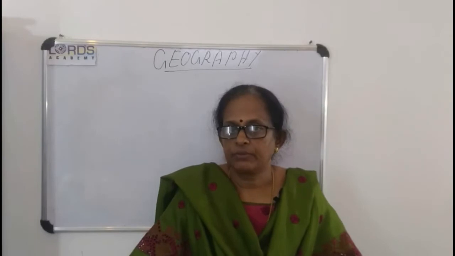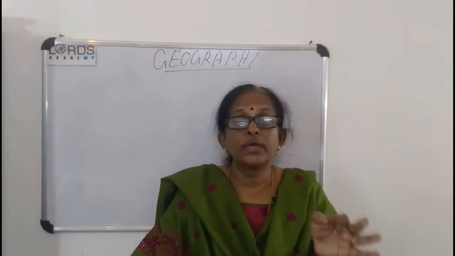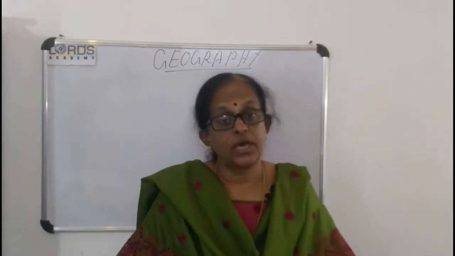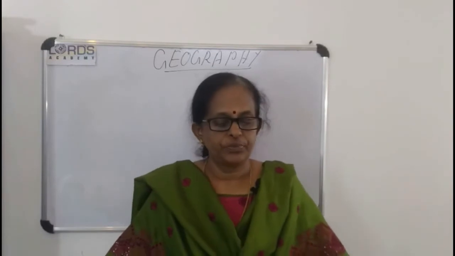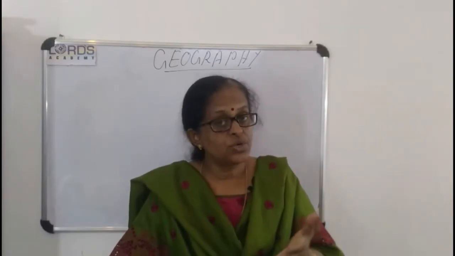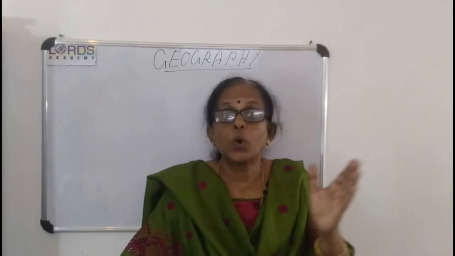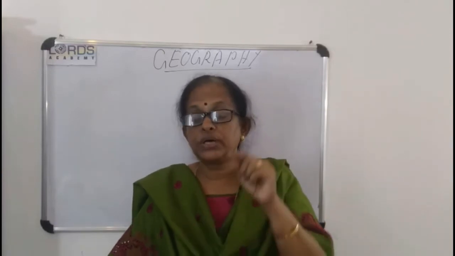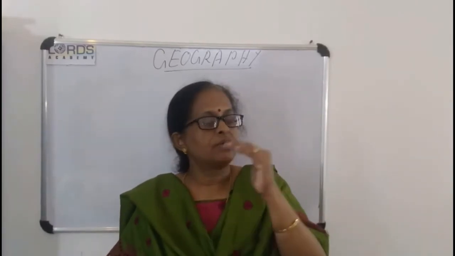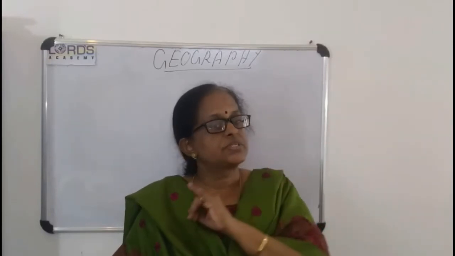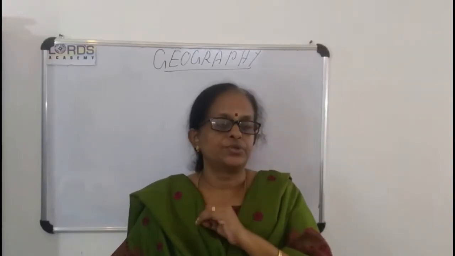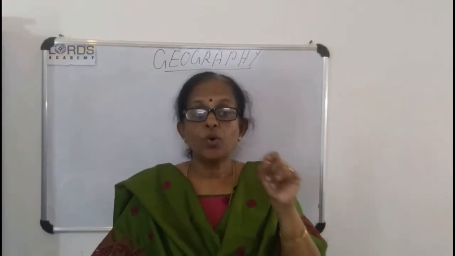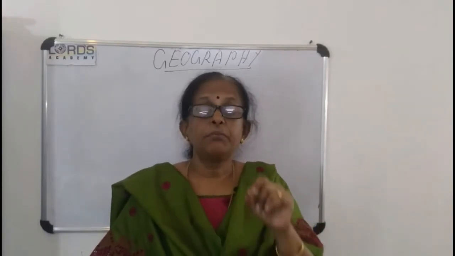And last class we studied about soil erosion. What do you mean by soil erosion? Soil erosion is the removal of the top layer of the soil by water, wind or human action. And what are the causes of soil erosion and the agents of soil erosion. When we studied soil erosion by water, we studied different types: first sheet erosion, rill erosion, gully erosion, leaching, sea or shore erosion, stream bank erosion.